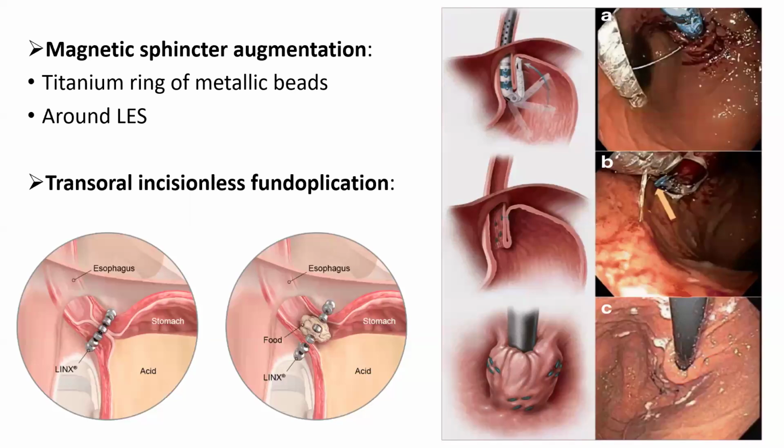Next is transoral incisionless fundoplication. It is performed with a flexible, multi-channel endoluminal device that uses fasteners to construct a full thickness gastric plication and create an anti-reflux valve at the gastroesophageal junction. This is performed under general anesthesia, and a specialized device called EsophyX is passed over the standard gastroscope and delivered transorally into the esophagus and stomach.